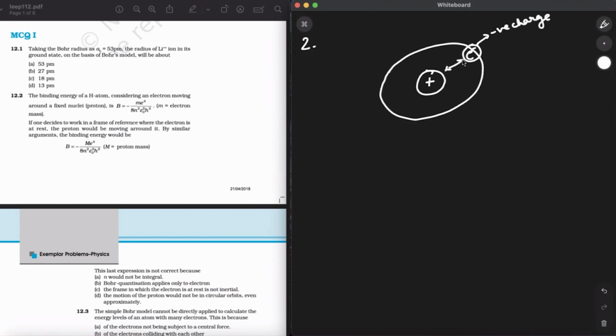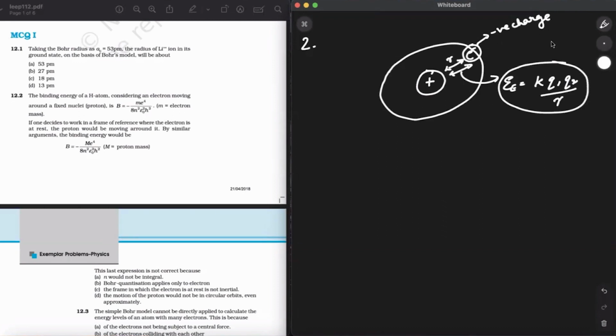There are interactions between the positive and negative charge, and the electrostatic energy can be written as k times q1 q2 by this distance r. So this is the binding energy.